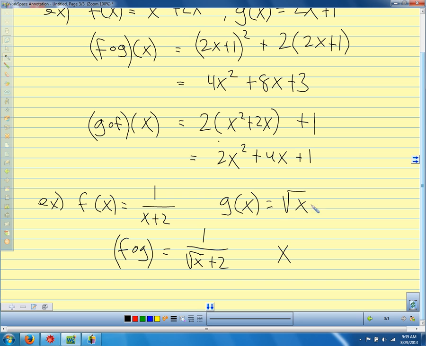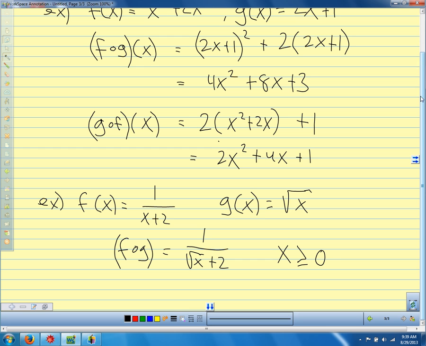So we're taking into account the domain restriction on g. We can't take the square root of a negative number. So x has to be, and how do we write positive? Greater than or equal to, there we go. Greater than or equal to 0. And so there would be our domain restriction.